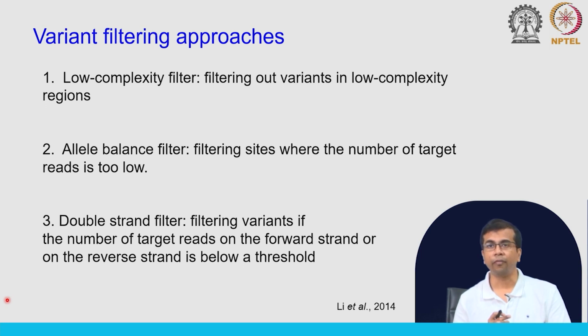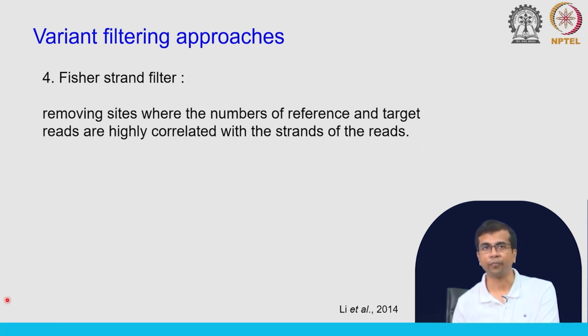Now, if the number of reads mapping to the forward strand or reverse strand is too low, it means maybe the variant is mostly called by reads mapping to just one of the strands. This is not desirable; maybe there is some sort of artifact or bias, which can lead to a false positive call. So this is something we want to avoid, and that is why we can deploy this double strand filter.